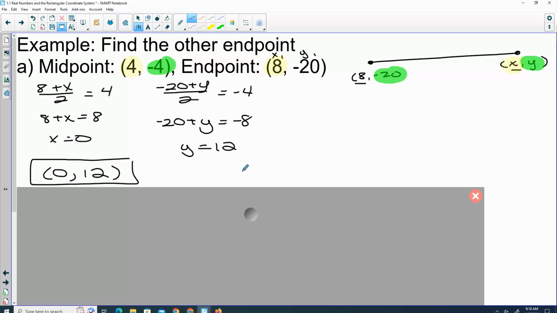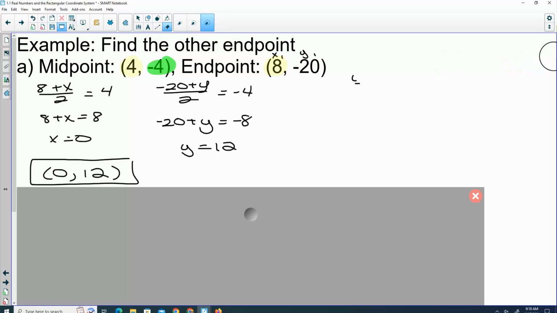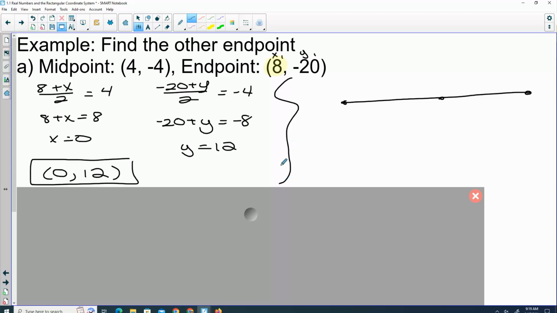The second option is more of just a logic thing. So if we think about, we have a segment. My first endpoint started at 8. Then the middle was 4.